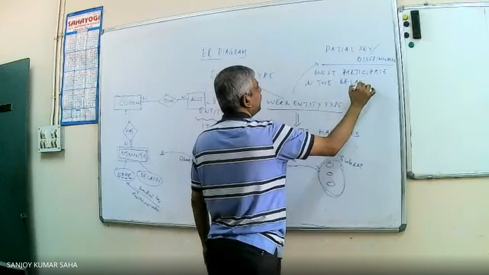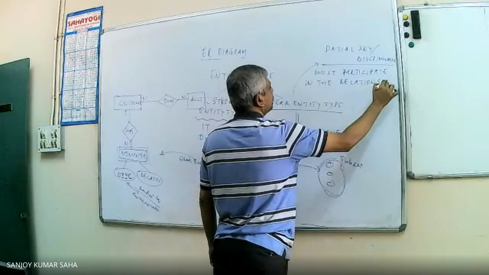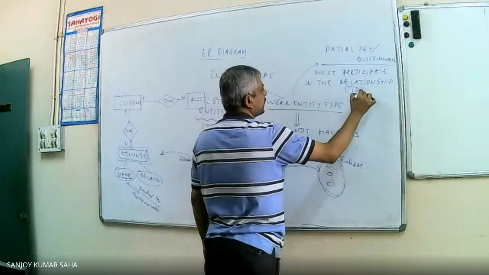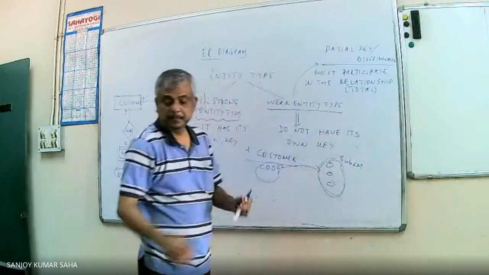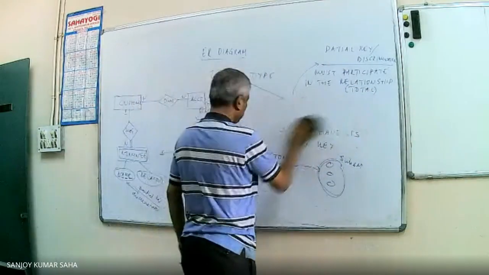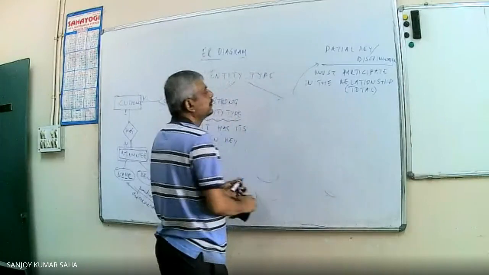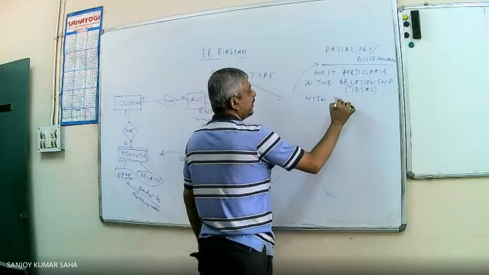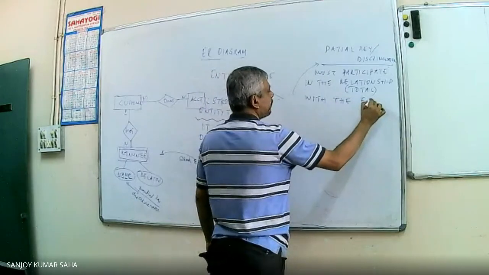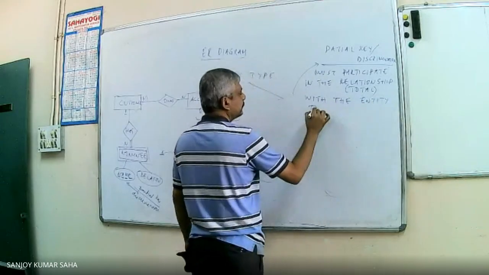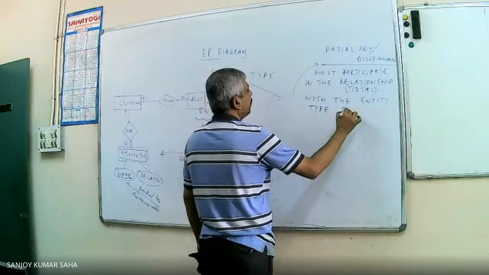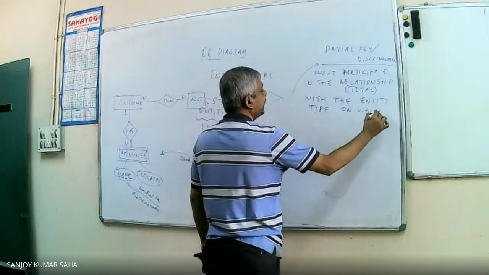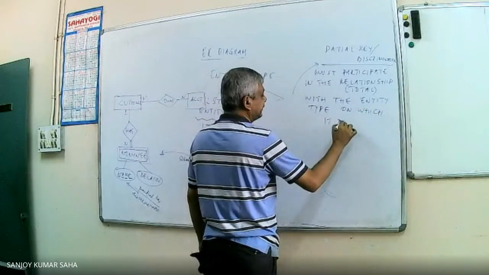So it will be a total participation from the weak entity type in the relationship with the entity type on which it depends.